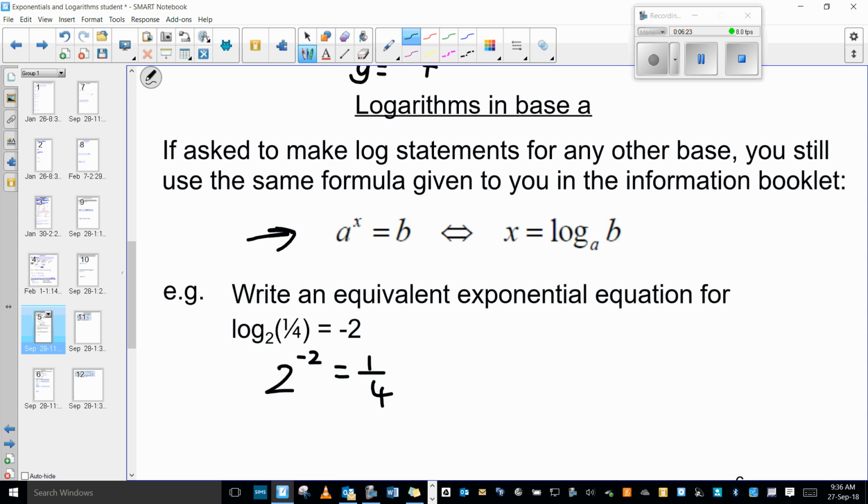We know that's true because when we have negative powers, it becomes 1 over. So this is not asking you to evaluate anything or find anything, it's just asking us to write an exponential equation. So that would be this, because we've no longer got a log statement, we're just using exponents.